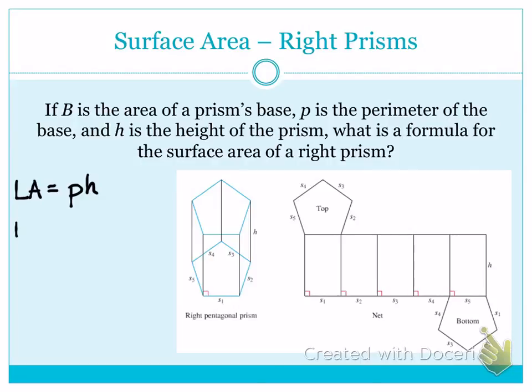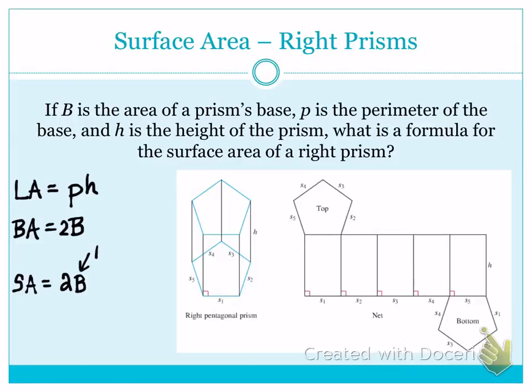And then we have our bases. We'll say base area. Well, the base area is whatever the base area is times 2, because there's 2 bases. So the general formula for the surface area of a prism is that we have 2 bases. We have one on top and one on bottom.